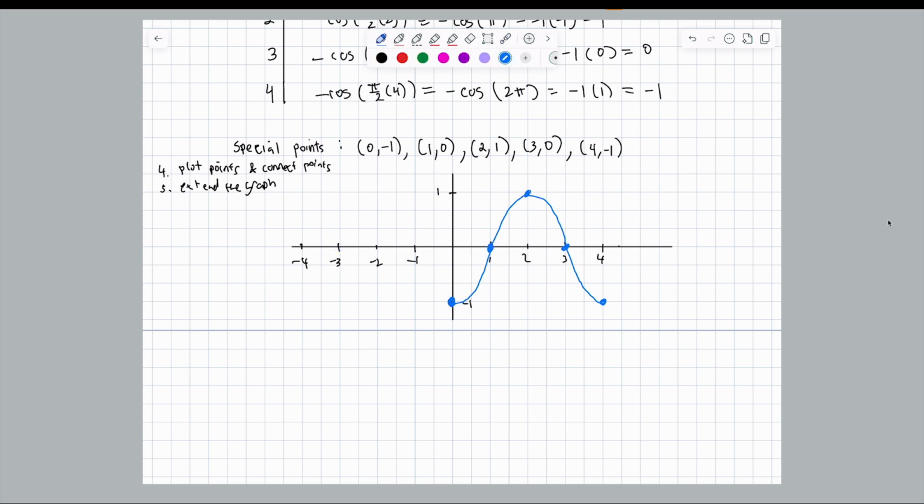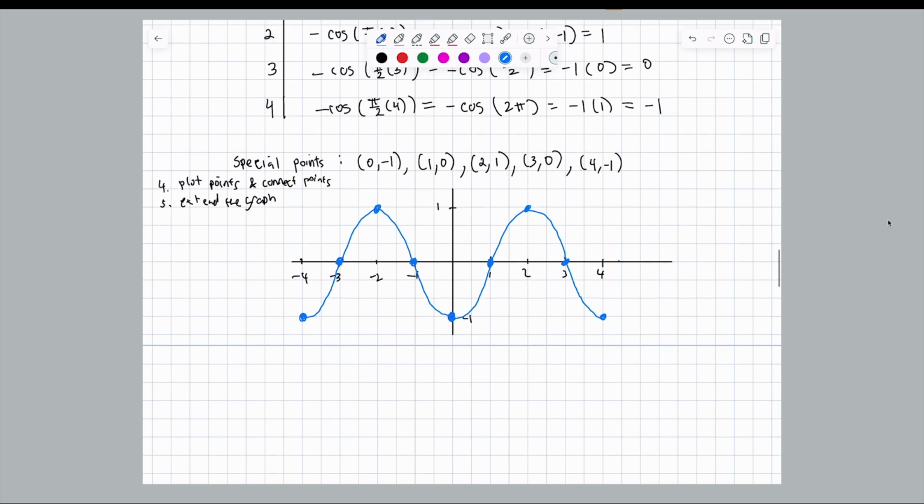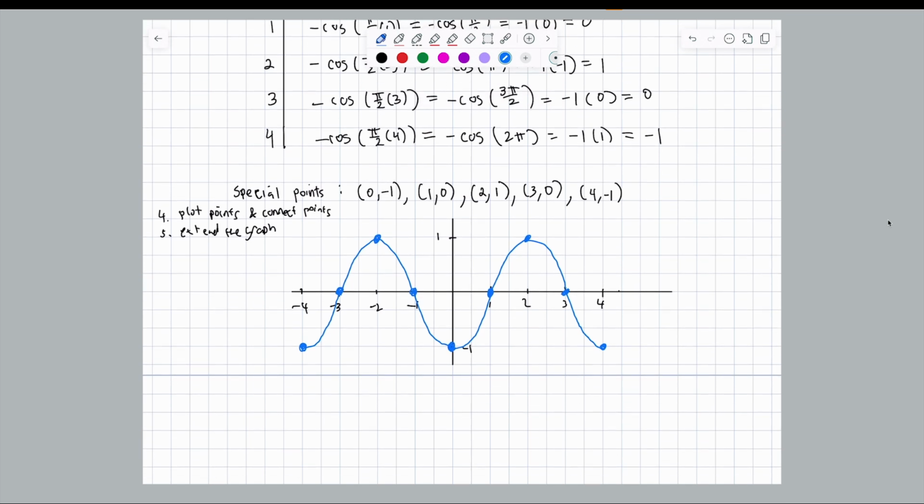And so we would get (-4, -1), (-3, 0), (-2, 1), (-1, 0), and then (0, -1). And then plotting the graph to look like cosine again, it looks something like this. And so that's your graph of negative cosine of pi over 2x.